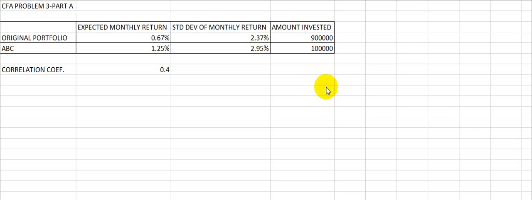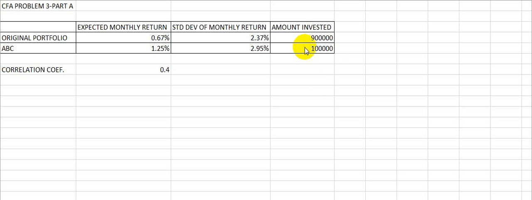Her financial advisor provided her with the following estimates. Original portfolio has an expected monthly return of 0.67, whereas the ABC is 1.25. The standard deviation for the original portfolio is 2.37%, whereas for the ABC stocks is 2.95%, and the amount invested is obviously $900,000 and $100,000.